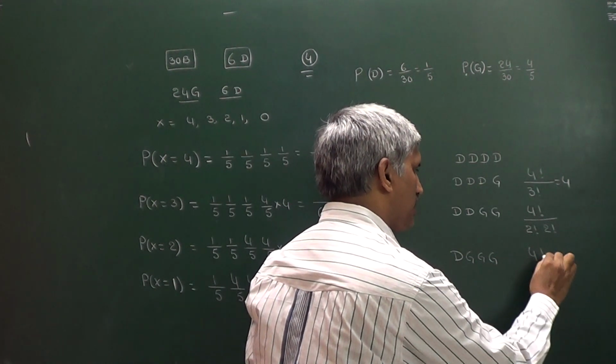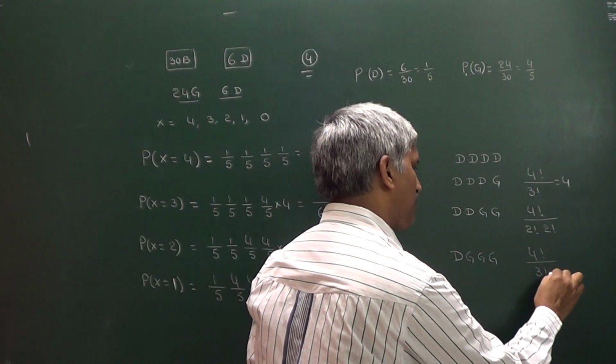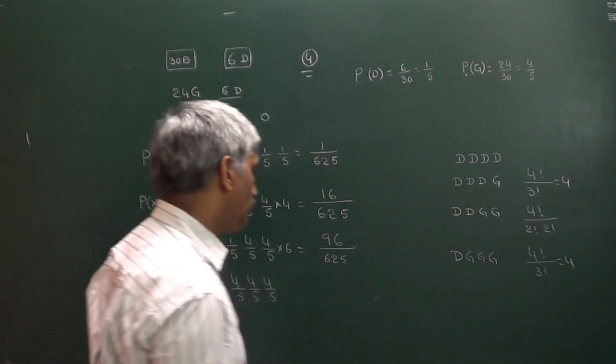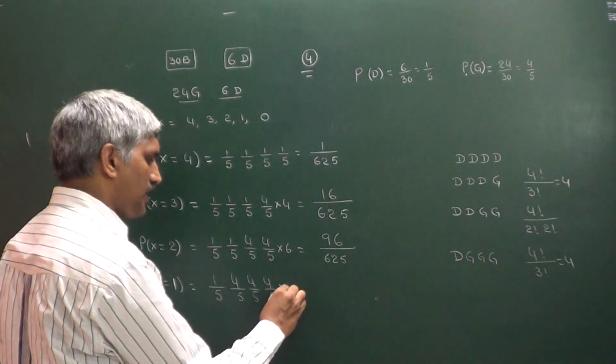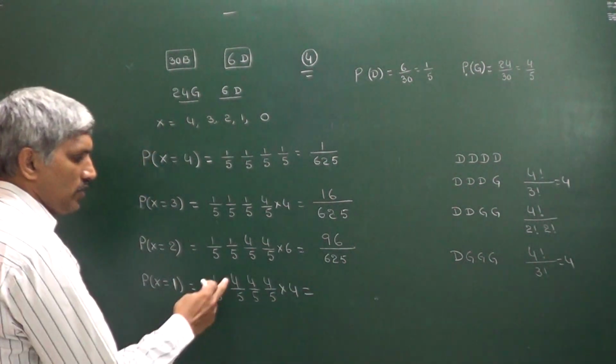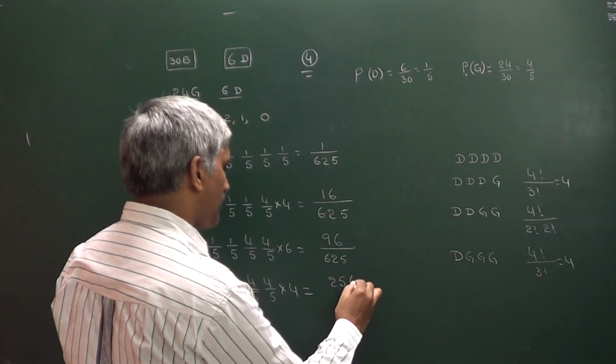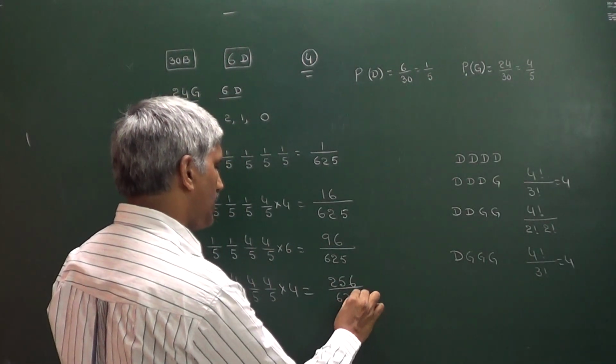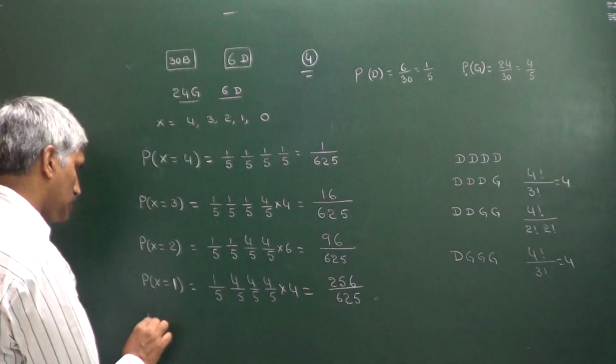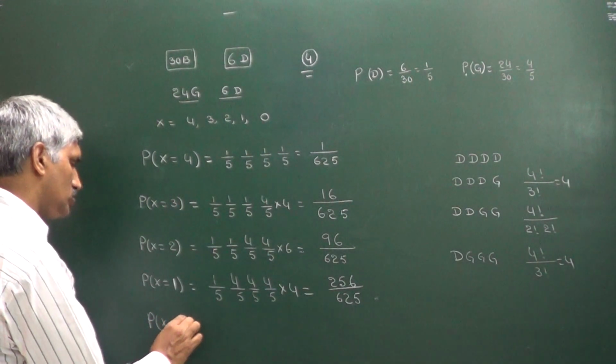They can be arranged in 4 factorial divided by 3 factorial, that is equal to 4. So that is into 4, so you will get 4, 4, 16, 256 divided by 625.